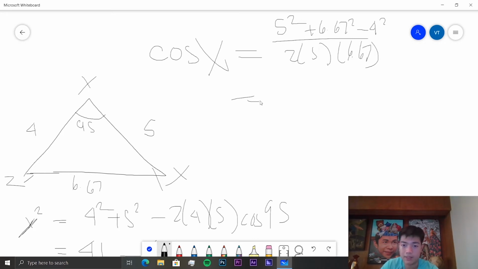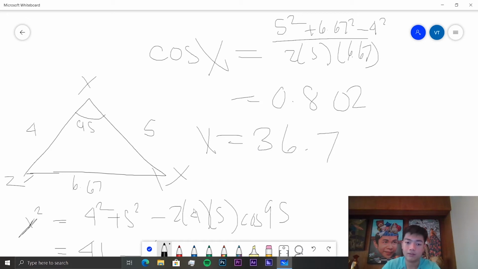And if we evaluate this, this is equal to 25 plus 6.67 squared minus 16, all divided by 66.7. So we get that cosine is equal to 0.802, and so x is equal to inverse cosine of that, which is equal to around 36.7 degrees.